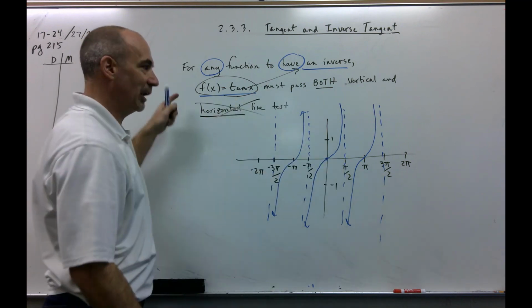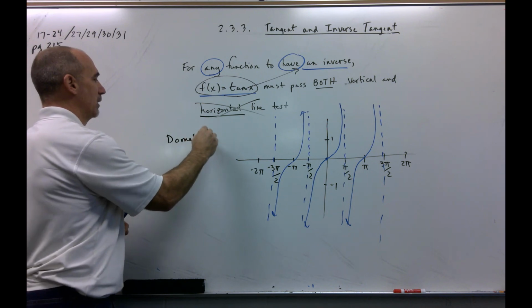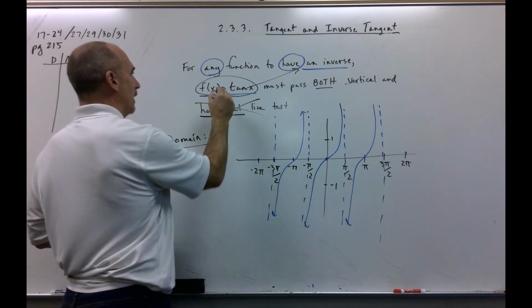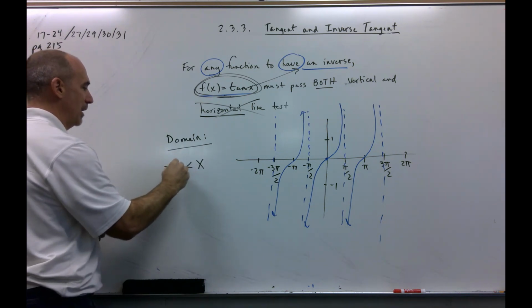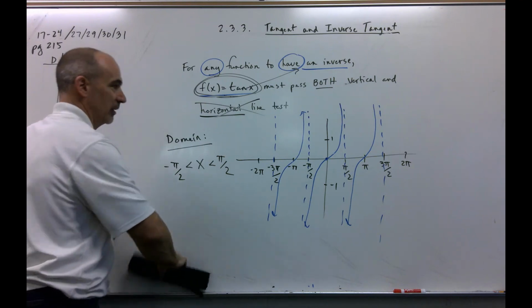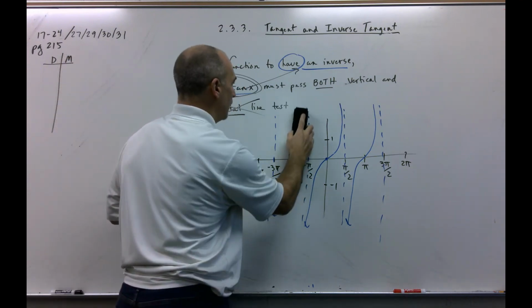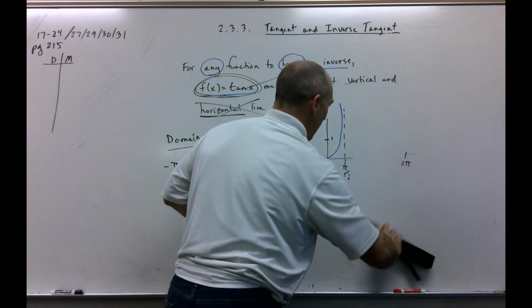So what they do to tweak this is they say, okay, let's let the domain of tangent be x is greater than negative pi over 2, less than pi over 2. So what they're saying is, forget about all of these possible windows, and let's just concentrate on that window.